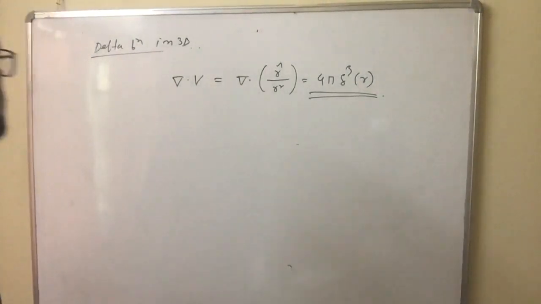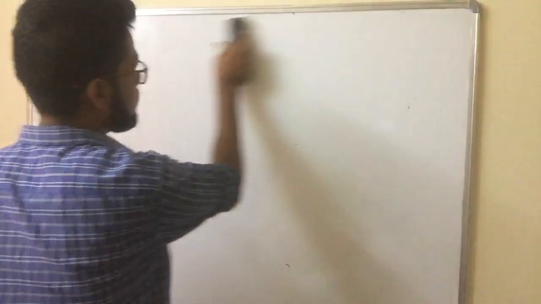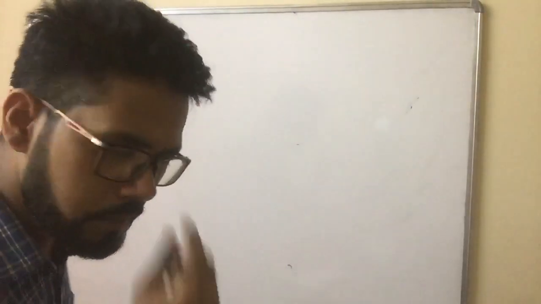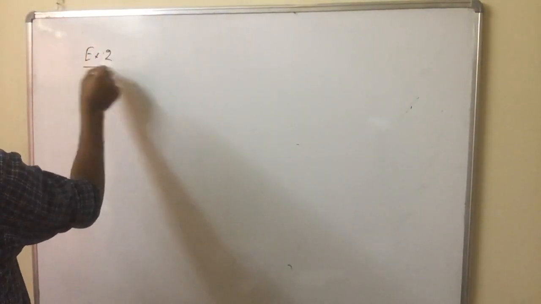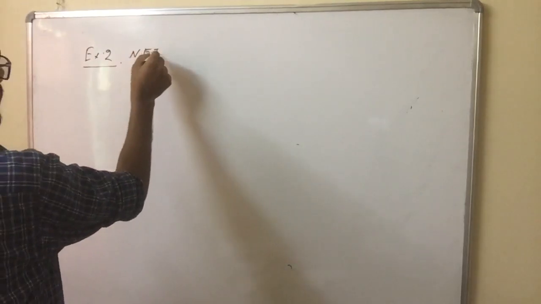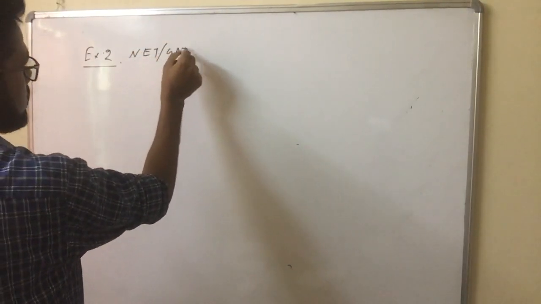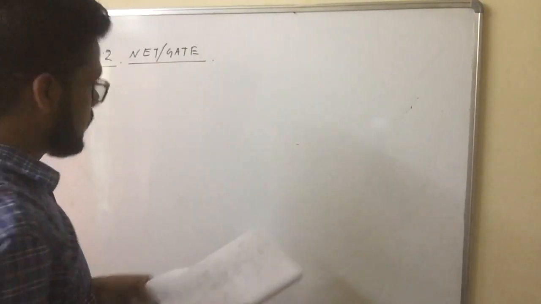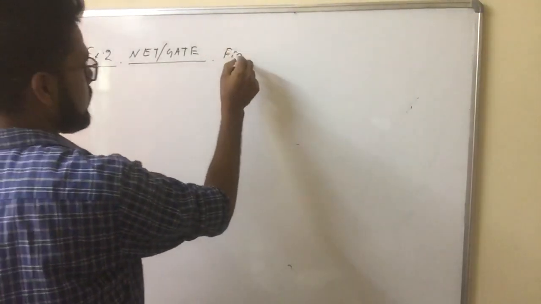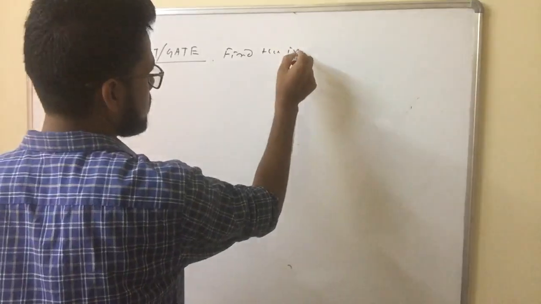So here is another problem related to the delta function. Delta function is very easy. Example 2. This question comes in NET and GATE exams. This is a 5 marks question. Find the integral.